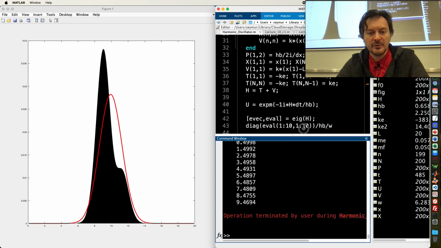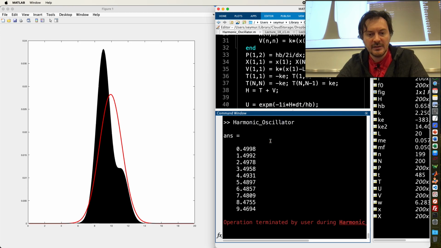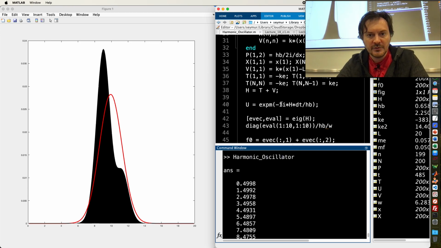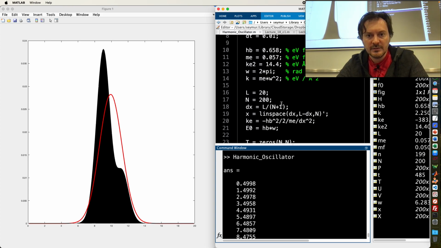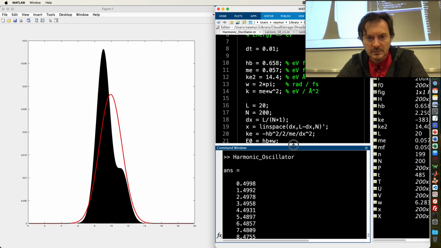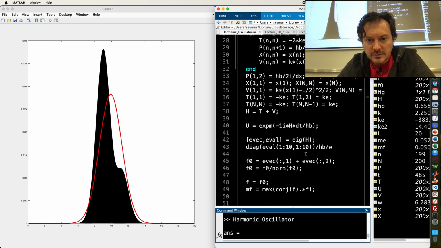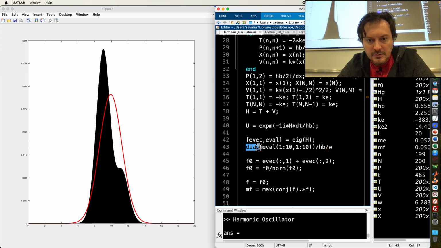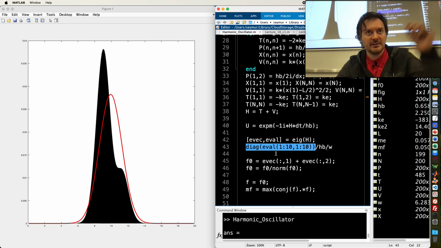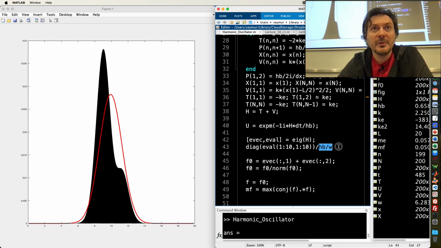By the way, I'm also writing down the energies here. Look, these numbers are the eigenvalues. Let's look at where I'm plotting it. So diagonal of the eigenvalues from 1 to 10, and that gives you the first 10 eigenvalues, divided by h bar omega.